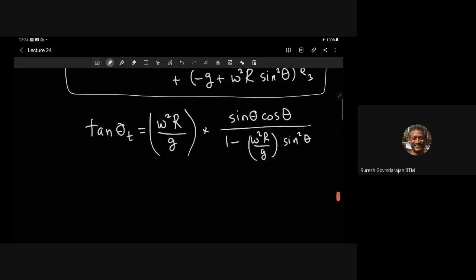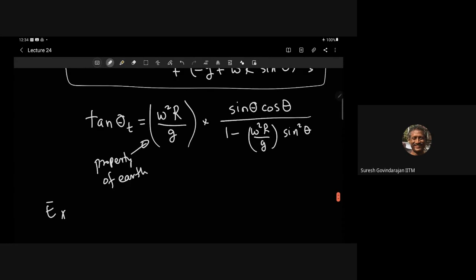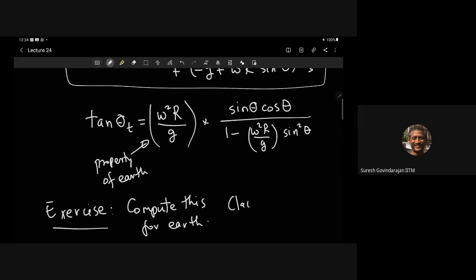You can see that this is just a property of the planet, of Earth in this case. So compute this for Earth as an exercise. It's dimensionless, check that also. And the claim is that it is around 10 to the power minus 3, which is much, much less than 1.